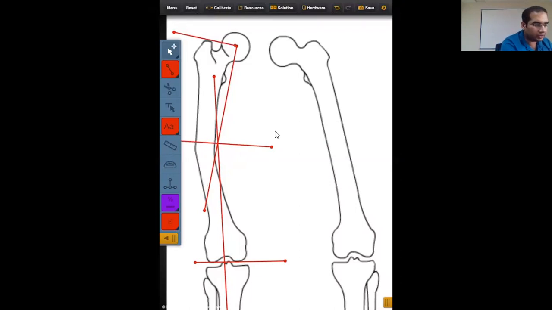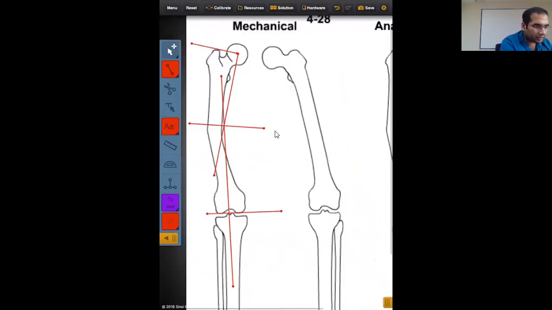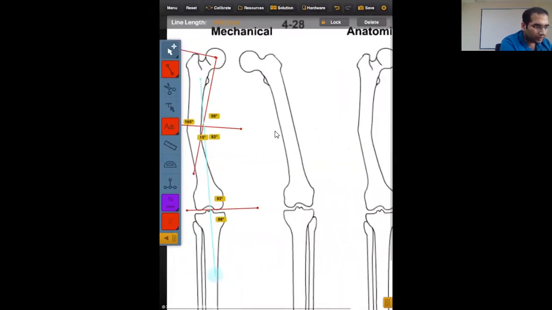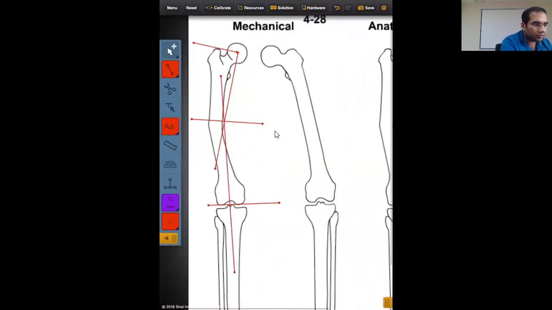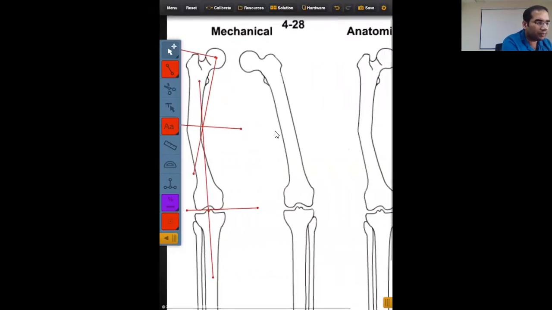Because I am doing these corrections quickly, 1 or 2 degrees above and below does not really matter. What really matters is you need to know how to do the osteotomy. Okay, sorry, this is a little long. Now this is the angulation correction axis.